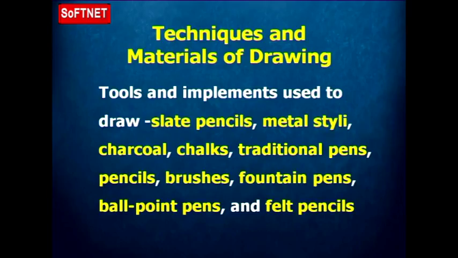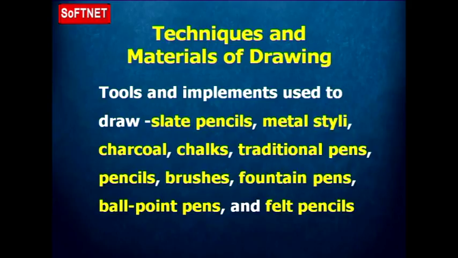So in the history of art and now, we have a variety of materials used by artists. For example, graphite pencils, and something called metal styli. Metal styli is no more in use, but during the Renaissance, metal styli was extensively used. It was a very common material.